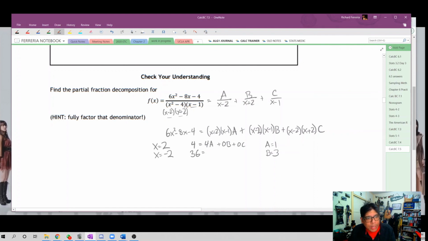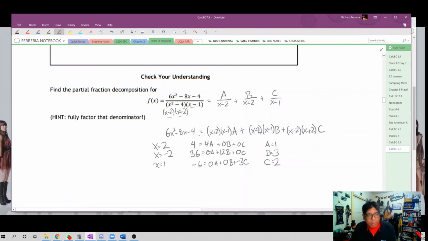Sorry, I should have written it as 0A plus 12B plus 0C, meaning our B is equal to 3. And lastly, when x equals 1, we get negative 6 equals negative 3C, so C is equal to 2.